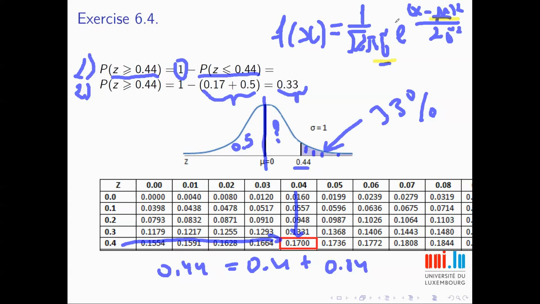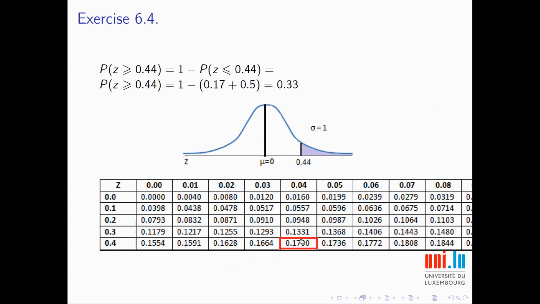And actually, the way the probabilities are calculated in these tables, I don't know if you're interested in that, so that's just for those people who are interested.